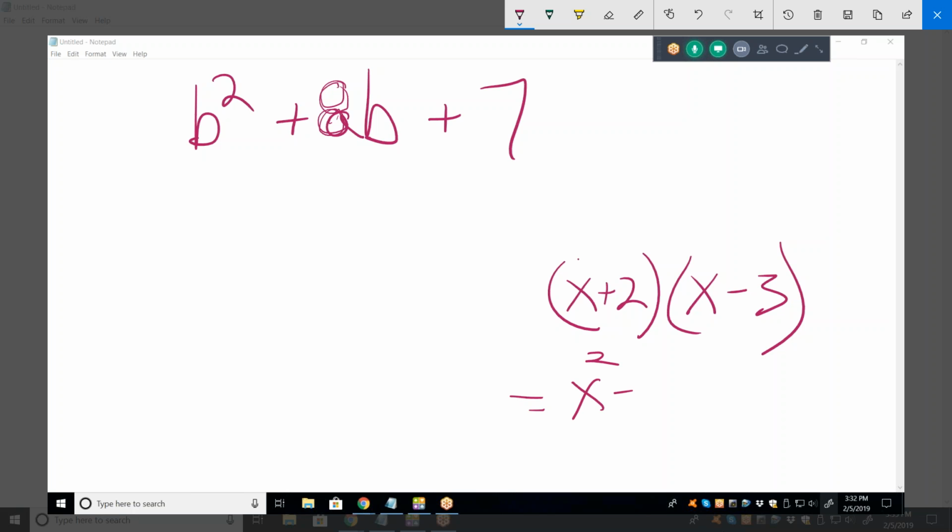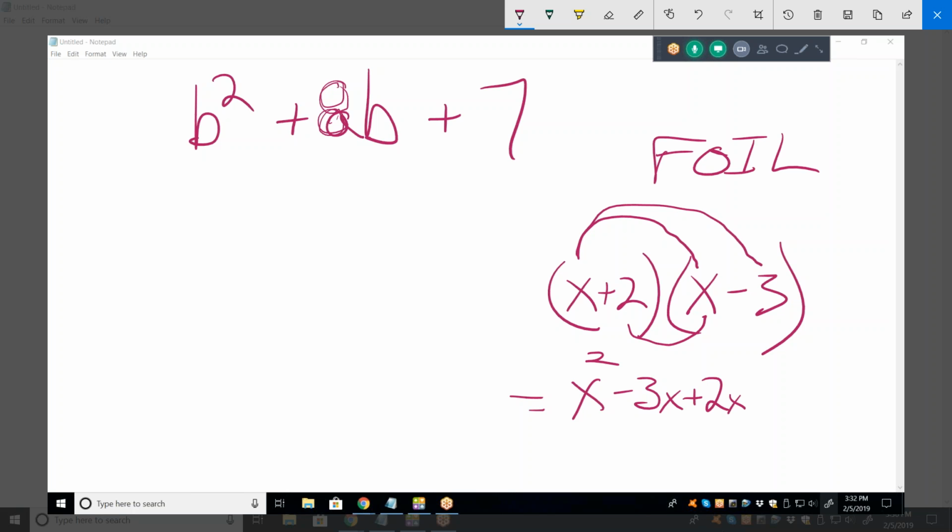Remember what FOIL is. FOIL is that. That's where you get the x squared. And then the outside, the O of FOIL, is that. So that's minus 3x. And then the inside, the I of FOIL, is plus 2x. And then it's the last term, the L. The last term is minus 6.